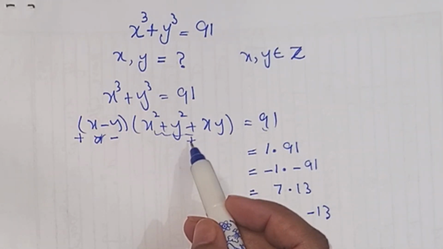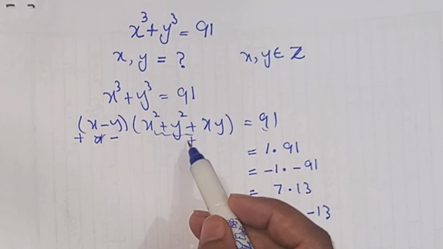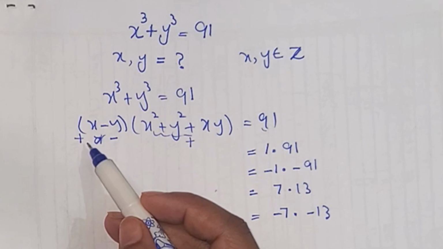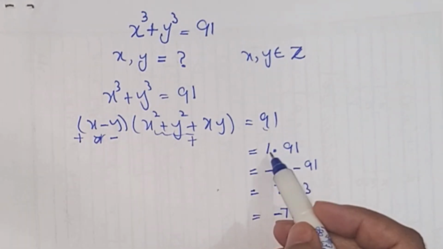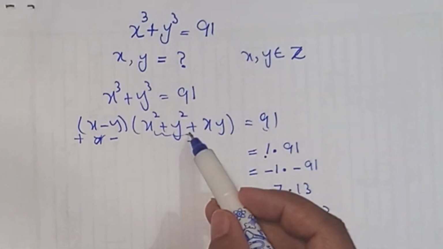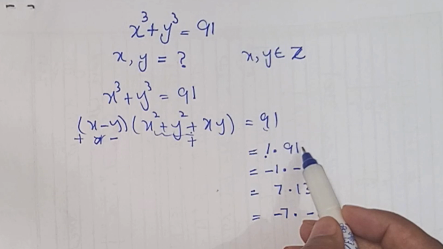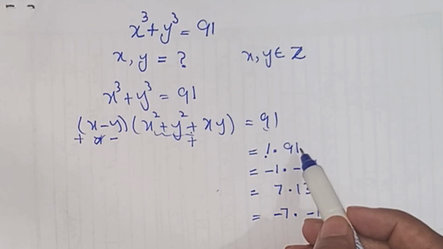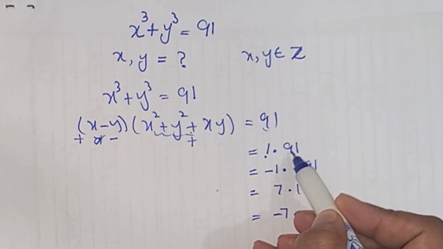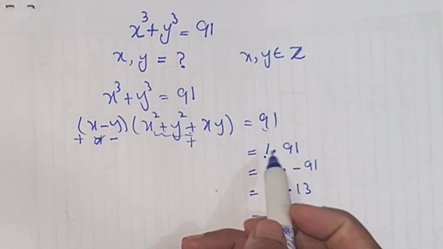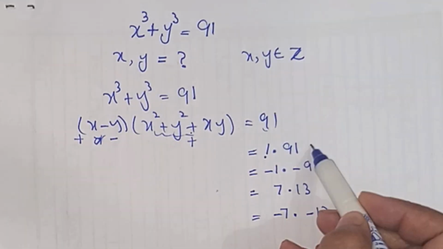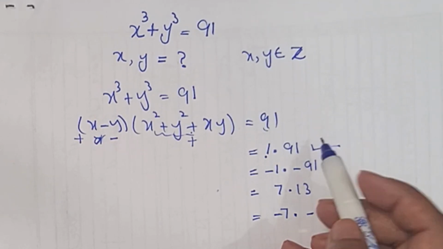So this is our important point. This whole term is a positive number, and this x minus y may be a positive number or maybe a negative number. Now focus on the first factor. We use this pair because the second number is positive, which is 91, and in our first case we have already discussed that x minus y may be a negative or positive number, so we use this factor.